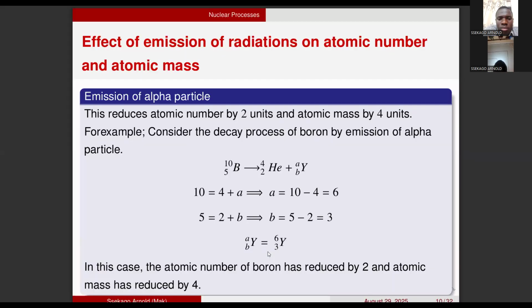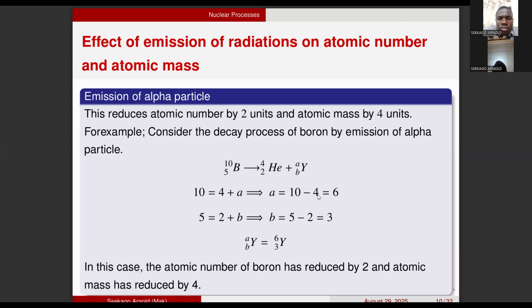Like we have seen here in the first example of boron, the atomic mass initially was 10.